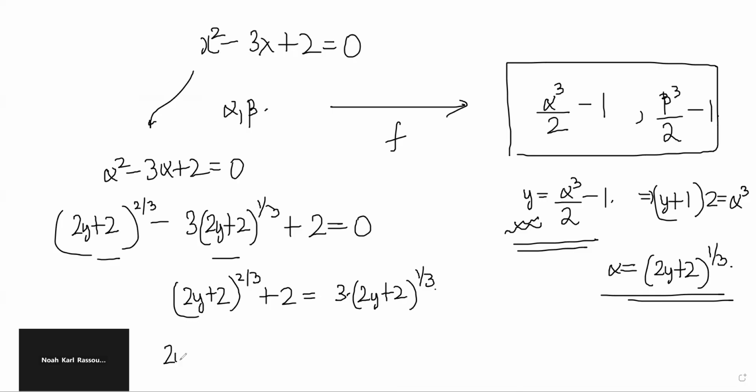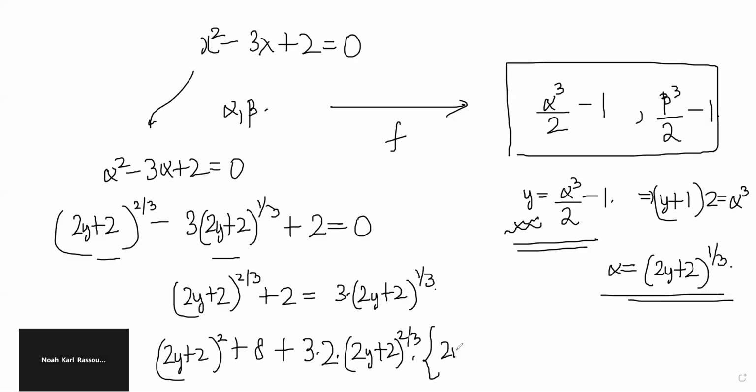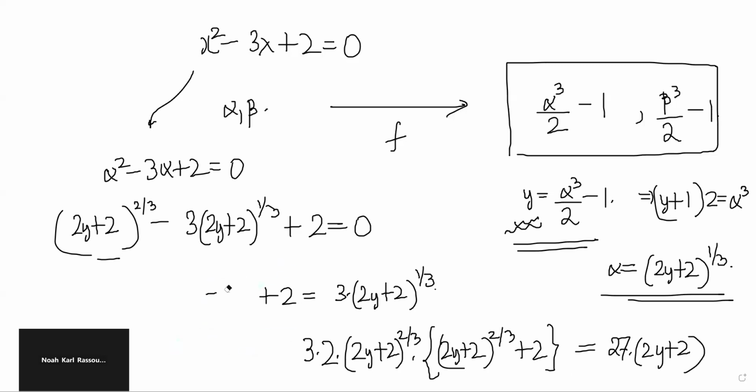So this side it will become (2y plus 2) whole square plus 8 plus 3 into 2 into, by using the cube formula, 3ab, so 3 into 2 into (2y plus 2) to the power 2 by 3, and then sum of this (2y plus 2) to the power 2 by 3 plus 2, right? Is equal to, on the other side, 27 into (2y plus 2), right? Now the equation is becoming a little complicated, but for now, I don't want to simplify it. Let's keep the equation as it is here.